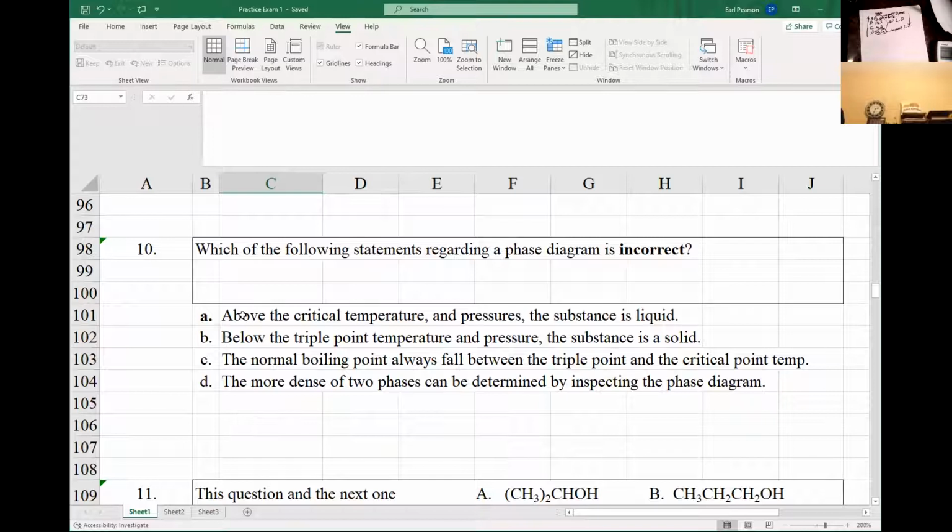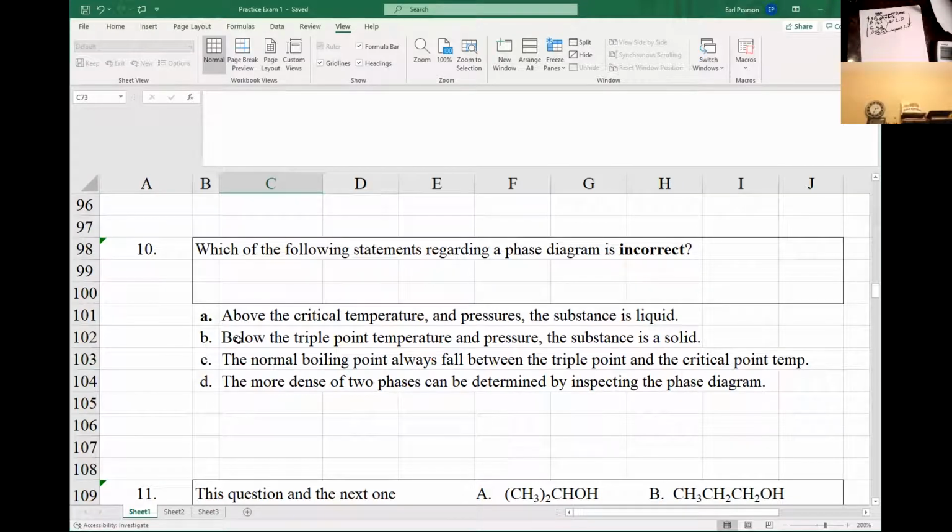Above it, you reach the supercritical fluid region. It is not a liquid region, not a gaseous region. It has the properties of both. So that is not true.